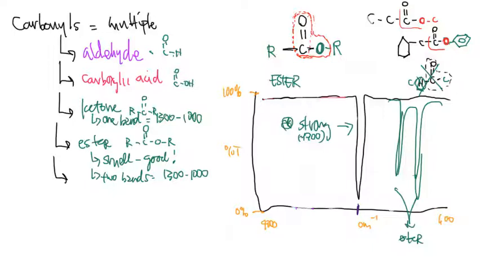However, if I only see one of them and that's it, then this is classified as a ketone. And now you see why I have such a problem labeling it as an ester or ketone. And what I do and what I tell you to do is label it as both.